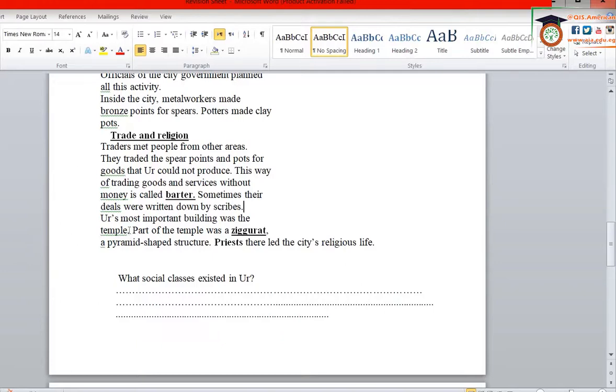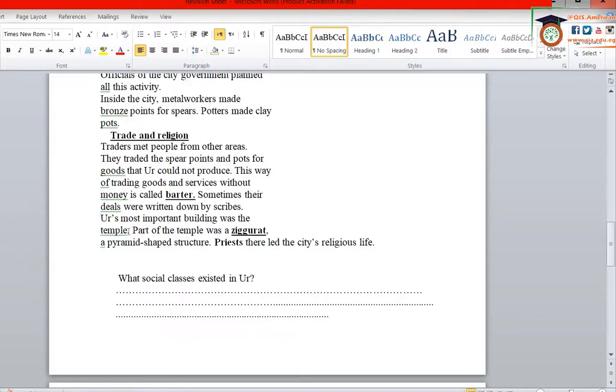Now, actually people in Ur were religious in a way. If I'm going to talk now about religion in Ur, how could I describe it? Where were they worshipping gods?